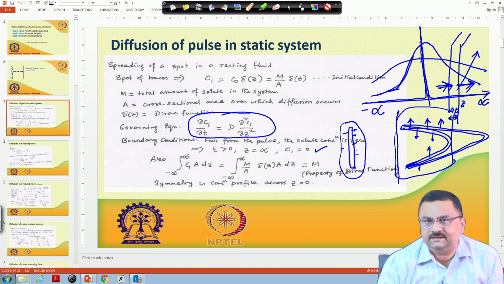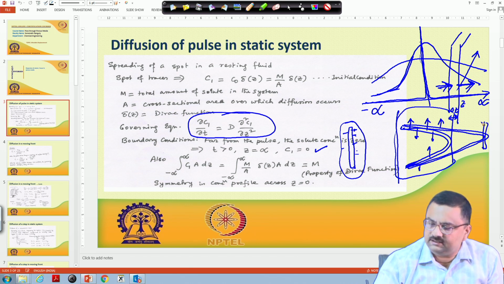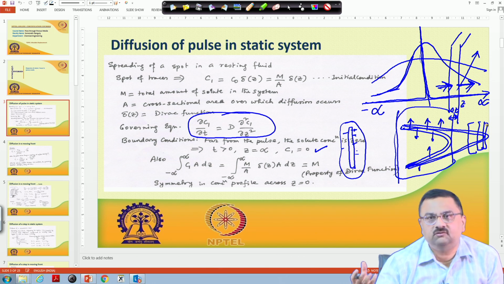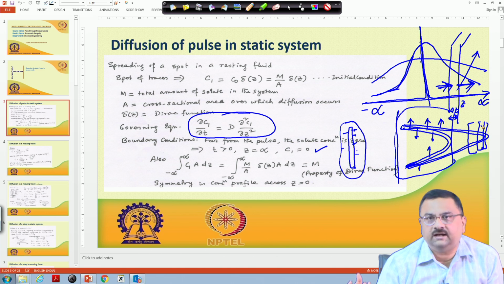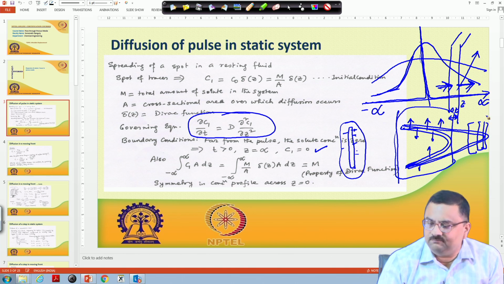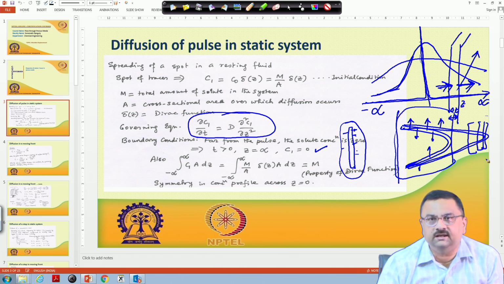When you collect this entire material at the outlet, you are picking this slice, this slice, this slice like this, and then you are mixing it in a mixing cup and finding out the average concentration, and that concentration you are plotting. So after you collect it in the cup, you will get a mixing zone which is this big, okay.